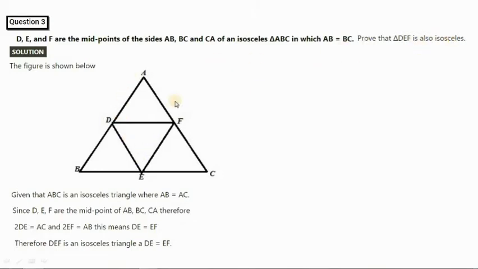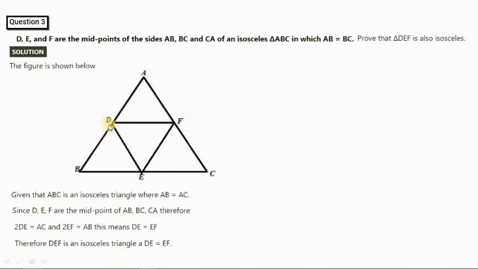So let us begin. It is given that ABC is an isosceles triangle where AB is equal to AC, and we know that D, E and F are midpoints of AB, BC and CA. Now let us see what is happening here.